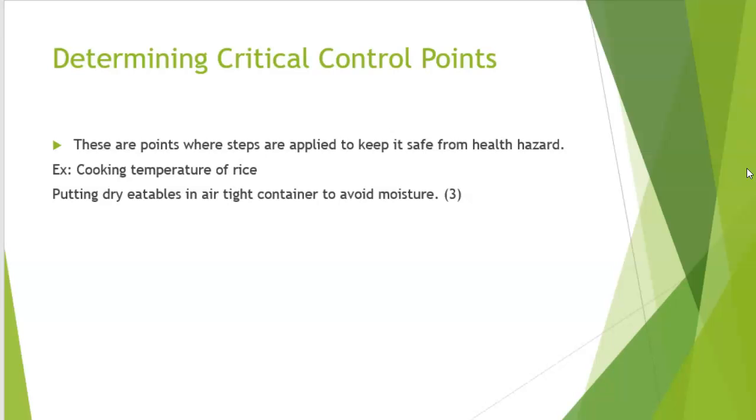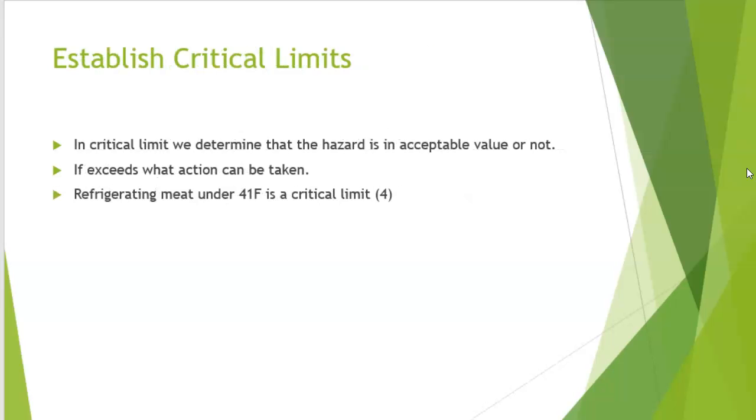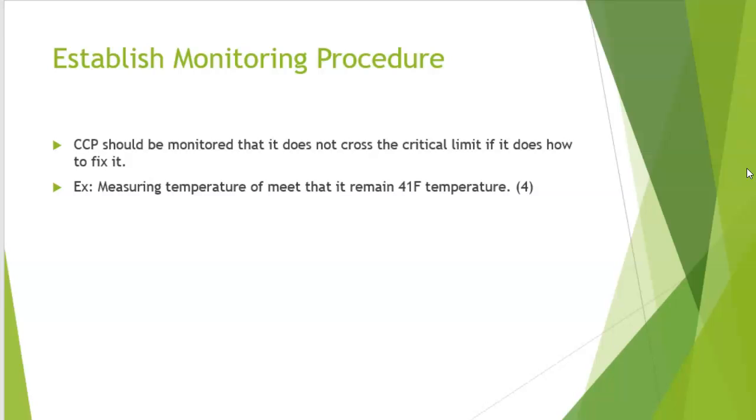Next is limits, the value after which the thing is not good for consumption, like 41 degrees Fahrenheit for refrigerated meat. After it, the food is assumed to be contaminated because there will be high risk of consuming it.